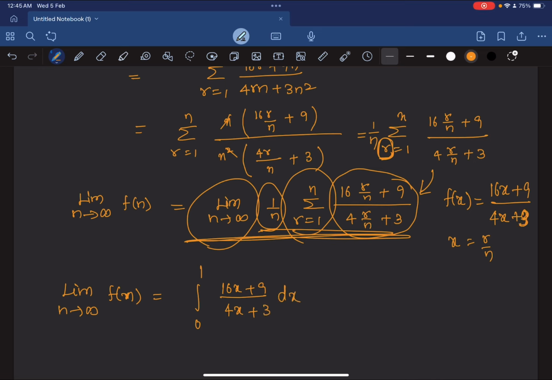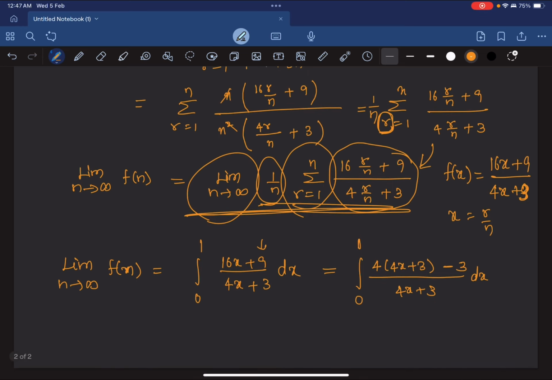dx. Alright, integral 0 to 1, 4 times (4x plus 3) minus 3. Alright, so this is 16x, and here you have 4 times 3 is 12, 12 minus 3 is your 9. Alright, so this whole thing divided by 4x plus 3 dx.